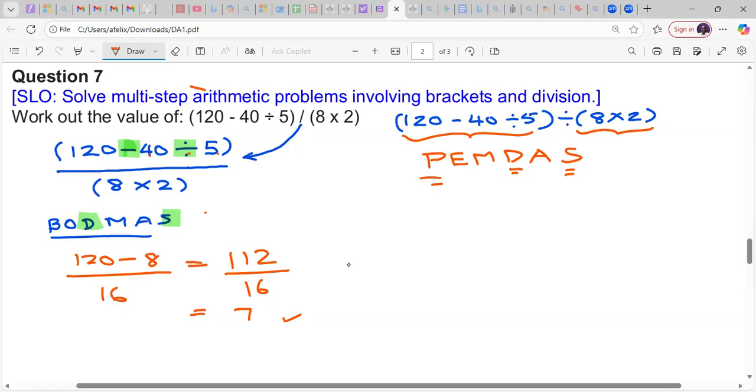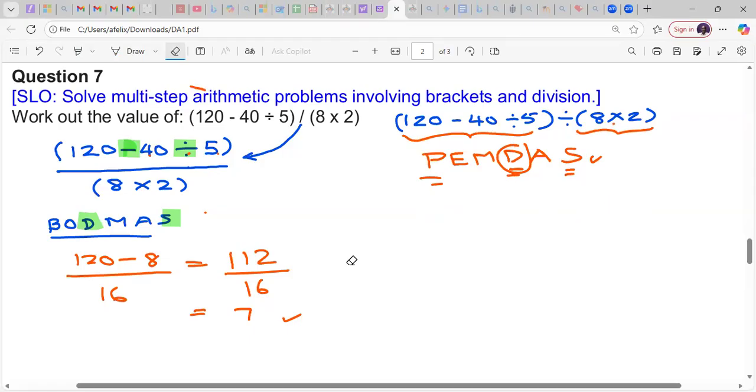We are dividing, so it becomes basically the same problem as 120 minus, you divide first before you subtract. So 40 divided by 5 will give us 8. And then the numerator part again will give us our 112.